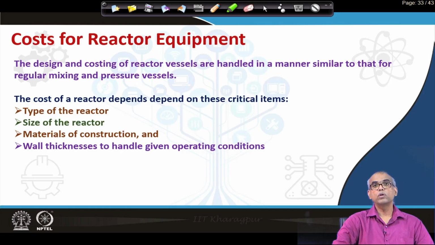Note that we must choose appropriate materials of construction and wall thickness to handle given operating conditions. So, the cost of the reactor will depend on all such critical items, type and size of the reactor as well as materials of construction and wall thickness.